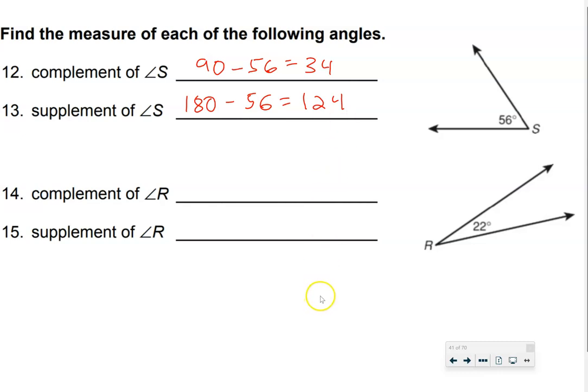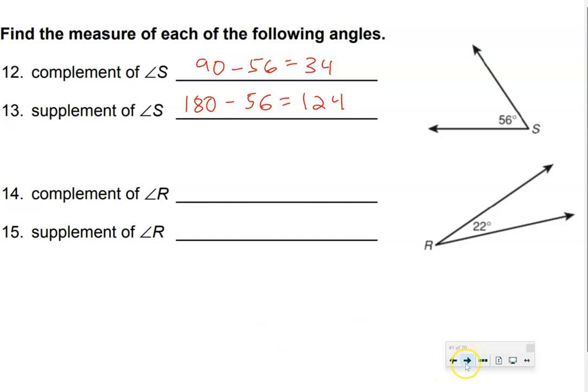All right, take a minute and see if you can find the complementary and supplementary angles of angle R. All right, let's take a look at this.